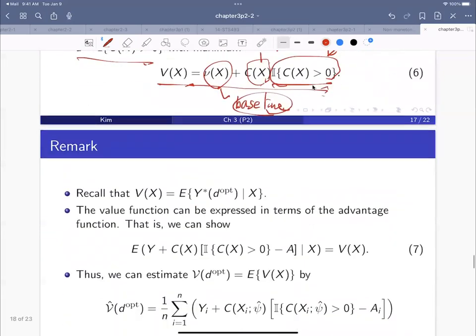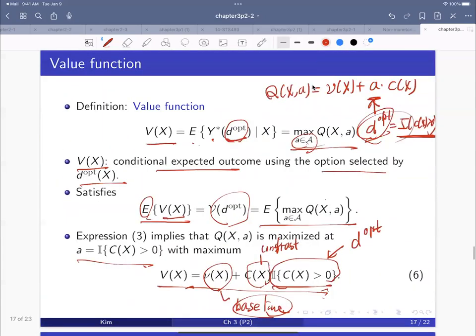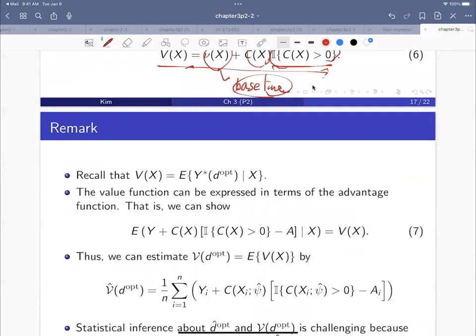So that is the value function, and now we have another interpretation. The value function can be expressed in terms of the advantage function, which is an interesting interpretation. So what is A?